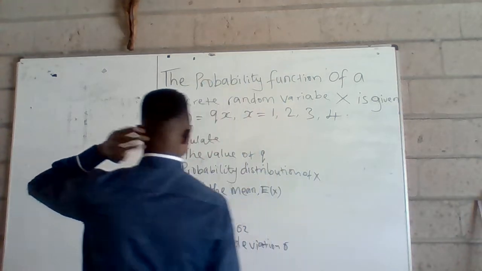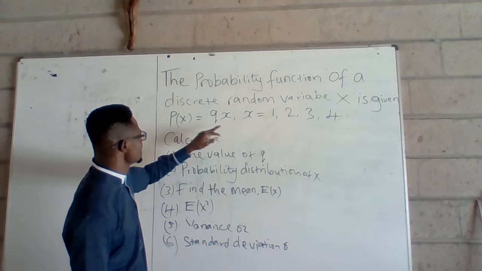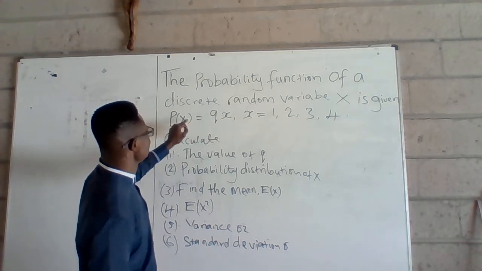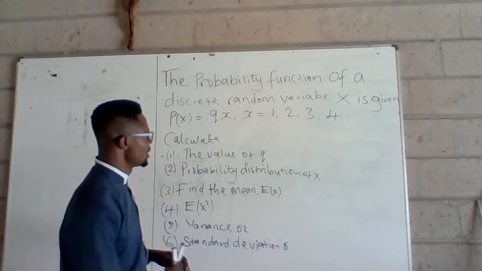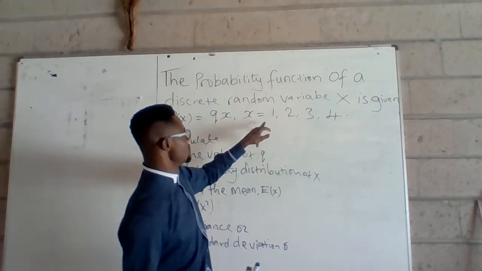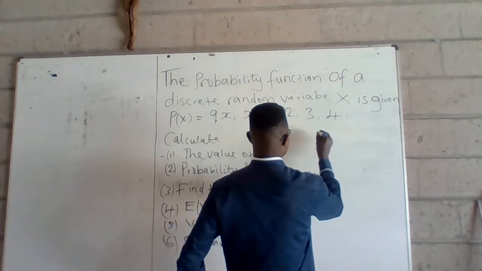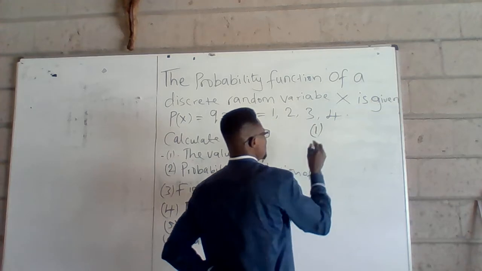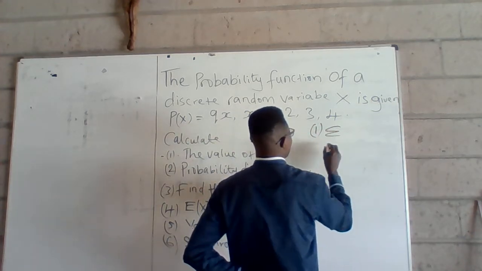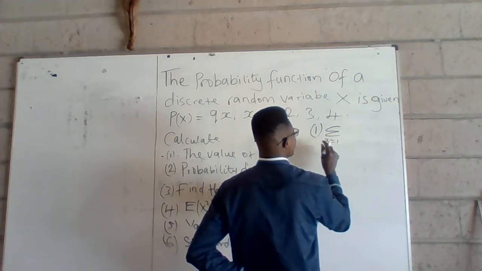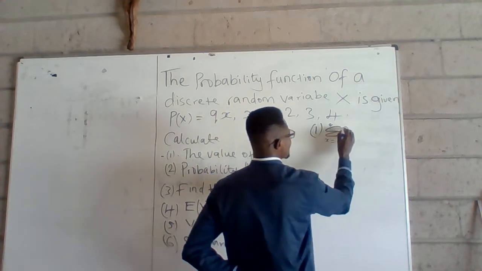First of all, when you are to find the value for q, you should bear in mind that the probability of this function ranges with x from 1 to 4. To find this, it simply means that the summation for x from 1 to 4 of this function q x.